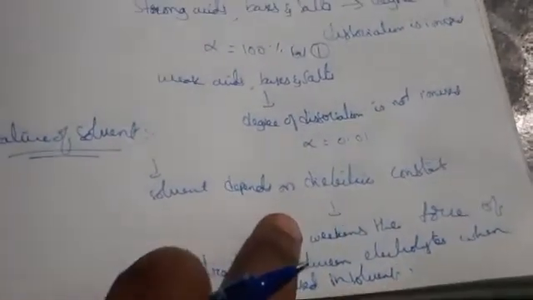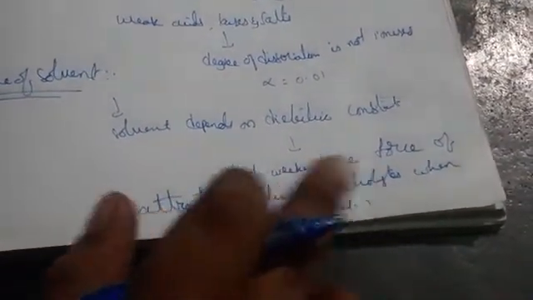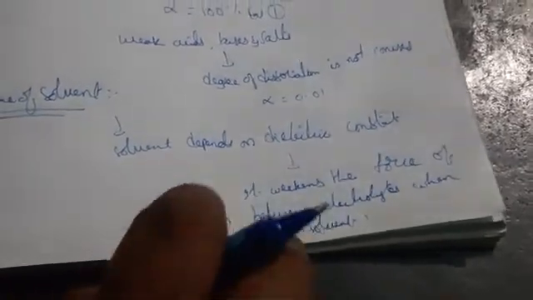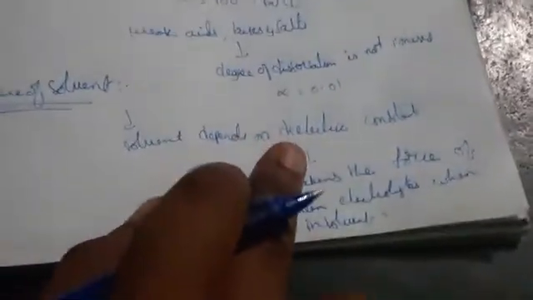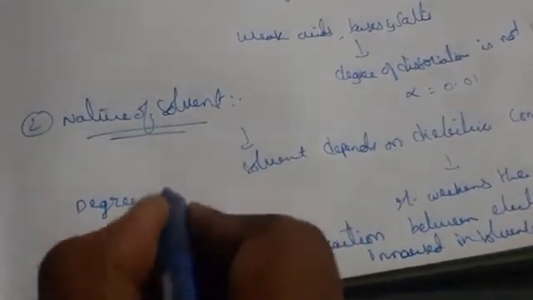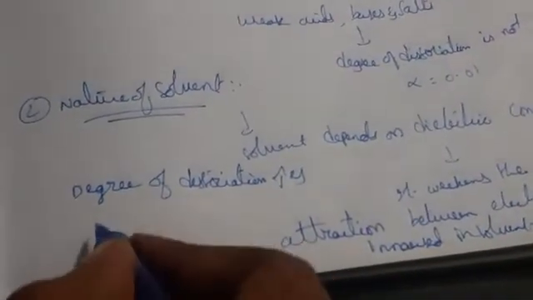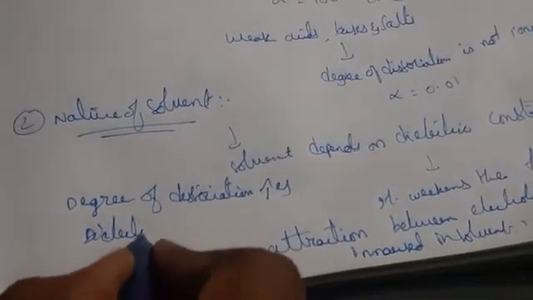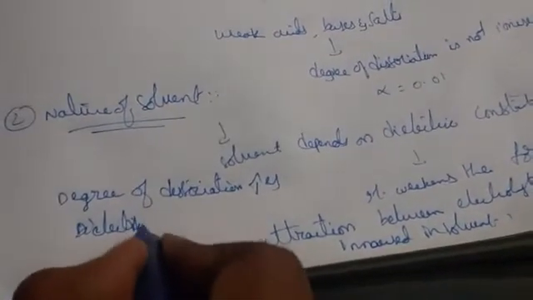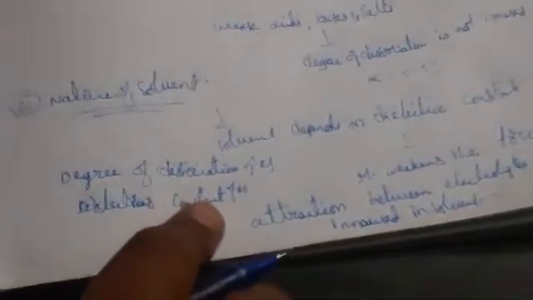If you take a strong electrolyte and a weak electrolyte, the force of attraction between them decreases when you add them in the solvent. So the degree of dissociation increases. If the dielectric constant increases, the degree of dissociation also increases.